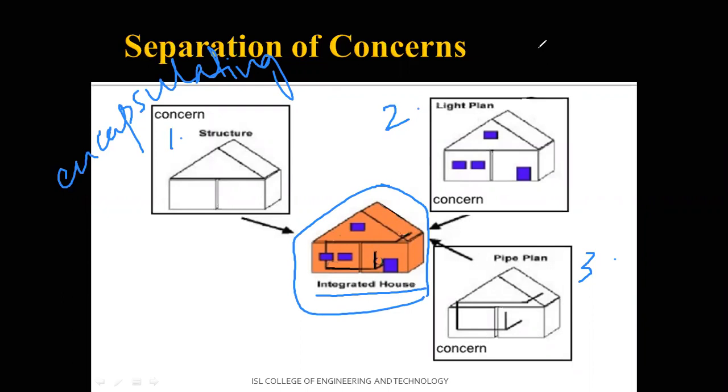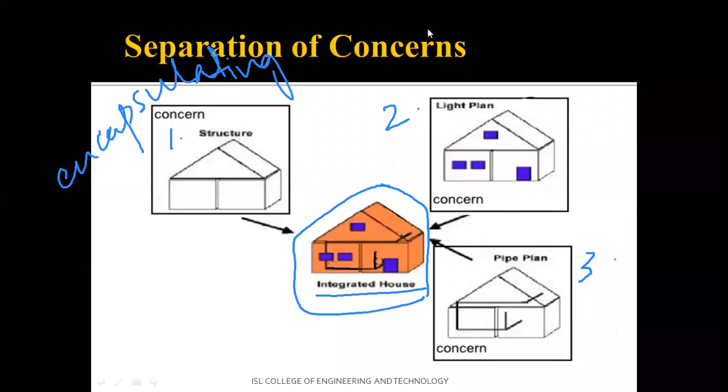So you're going to hand over three different plans to the three different departments of people working on the house. The person who has access to the pipeline plan is not going to have access to the light plan, and likewise for the structure plan. In the same way, within a software that is being developed, different components and aspects are going to be encapsulated. Now, why are all of these encapsulated?